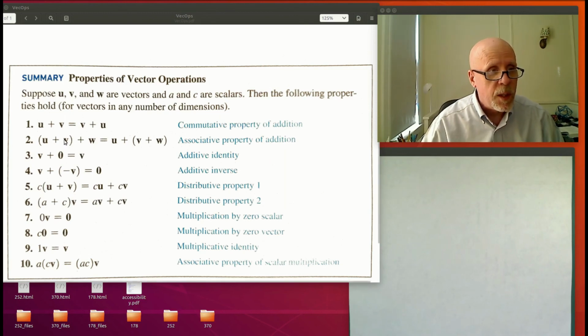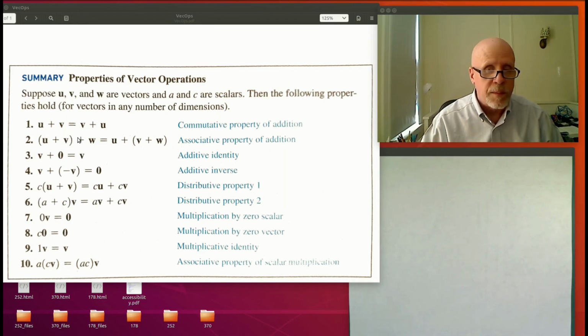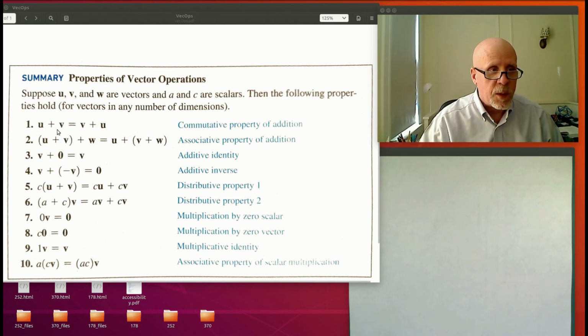The second one is saying something about temporal order, that is, time order, rather than spatial order, which I think of as the switching of the thing. Time order is which operation you do first. The parentheses here are saying you would add u and v first and then add w to that, whereas on this one, it's saying add v and w first and then add u to that.